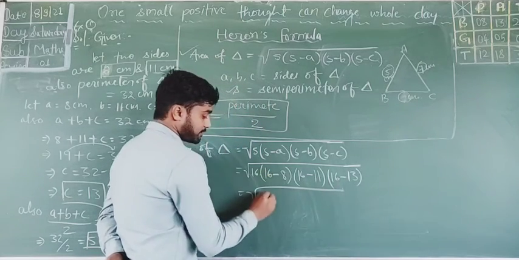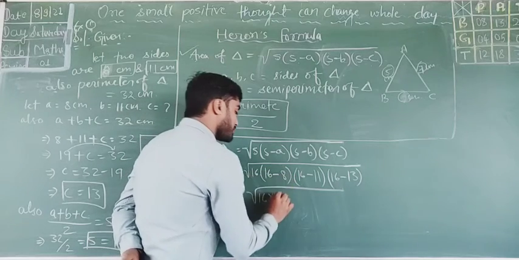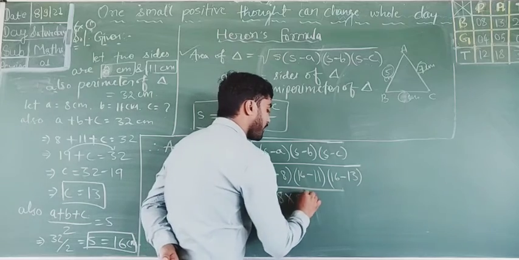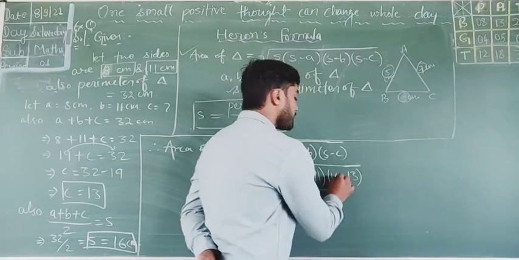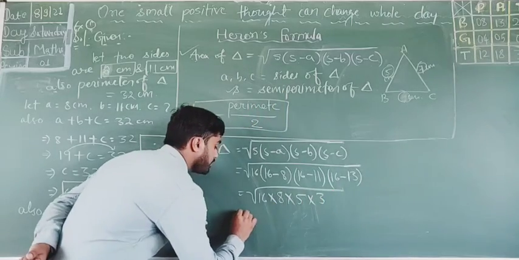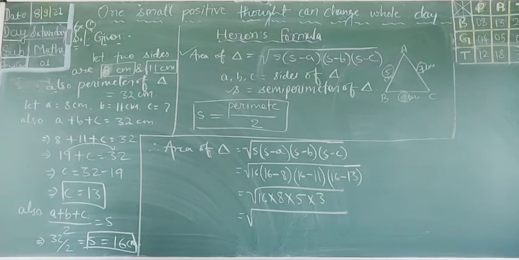16, since there is bracket, we can take the multiply sign. 16 minus 8, there will be 8, multiply. 16 minus 11, there will be 5, and 16 minus 13, there will be 3. Okay. Now solve it by prime factorization.